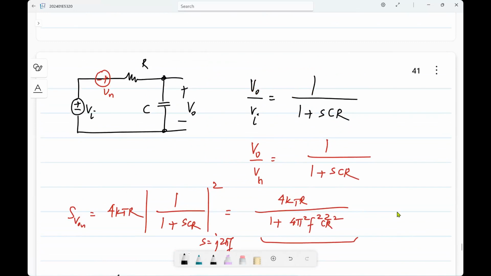So what should I do, if I want to reduce the noise, but I don't want to change the transfer function? Yeah, increase C, reduce R, because in this case, anyway, we have the closed form expression for the noise variance. So you double the capacitance and halve the resistance.